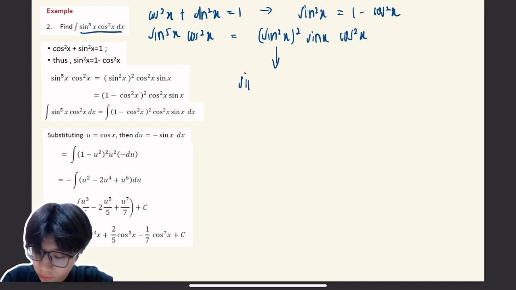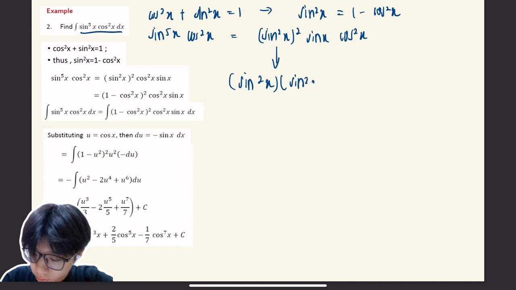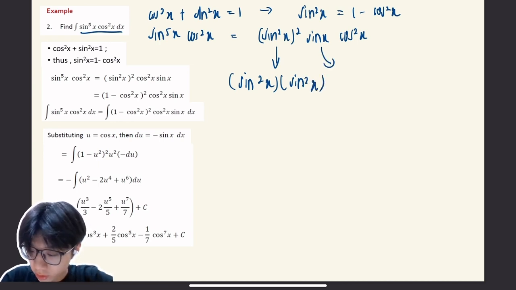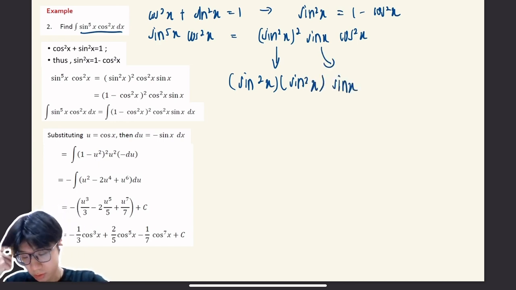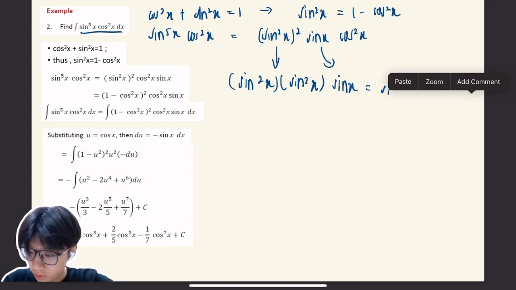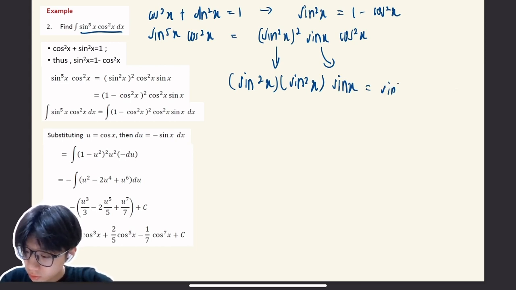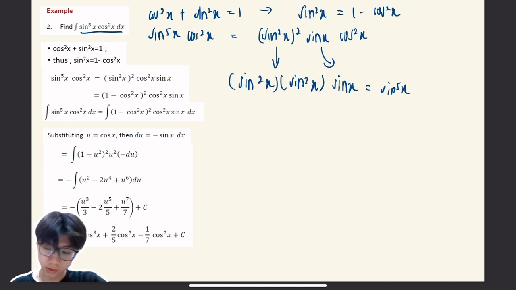This is equal to sine 2x, and rewriting this one as sine x. So actually it's still equal to sine 5x.